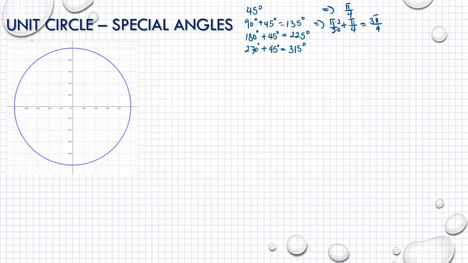Where is that? I'm going to use the red. There you go. This is 45, or pi divided by 4. Pi divided by 4, they are the same. That means these are the same. Okay, it's an isosceles triangle, but I can also use that here.